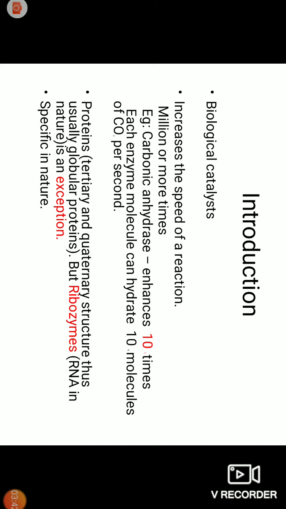What they do is bind with the substrate to form an enzyme-substrate complex. Once the complex is formed, it will be broken into enzyme and the product. So you will get the product.